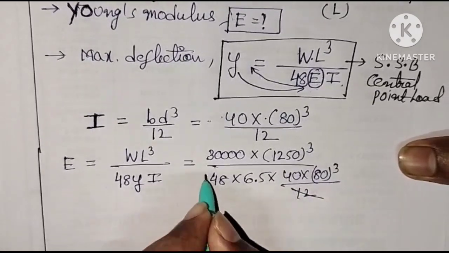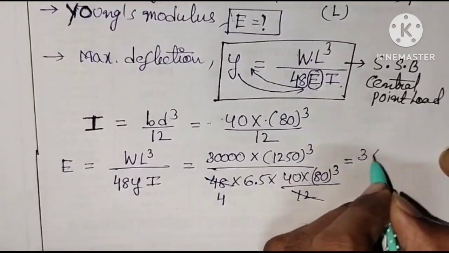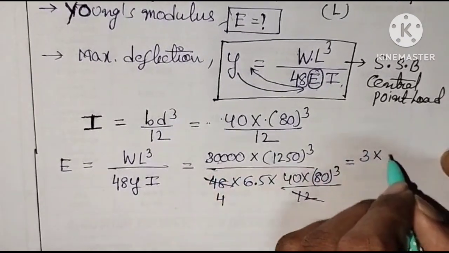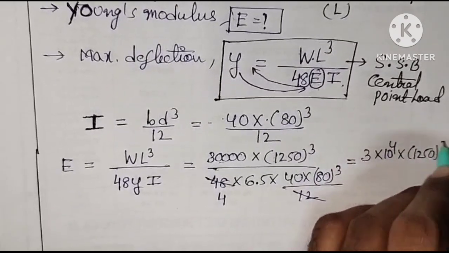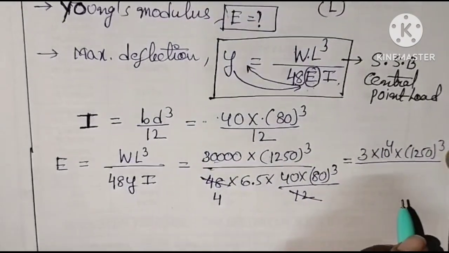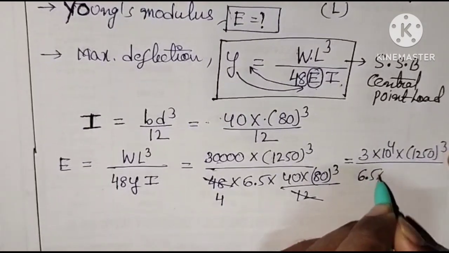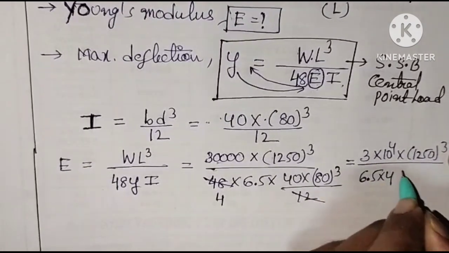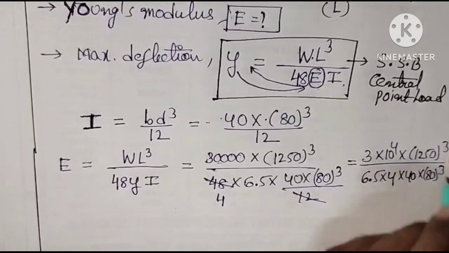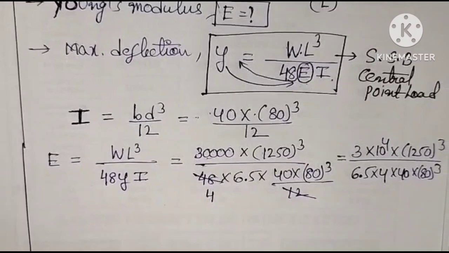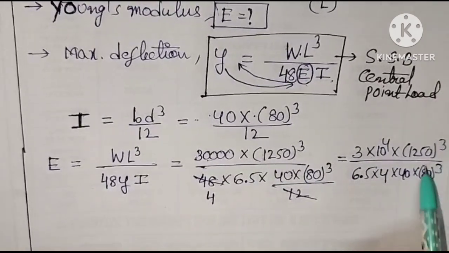So 12 ones are 12, 12 fours are 48. Write the remaining terms as they are: 3 into 10 to the power of 4 into 1250 whole cube, by 4 into 6.5 into 40 into 80 whole cube. In the numerator we have 1250 whole cube and in the denominator 80 cube.